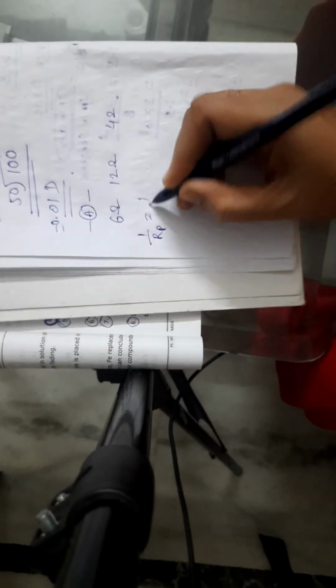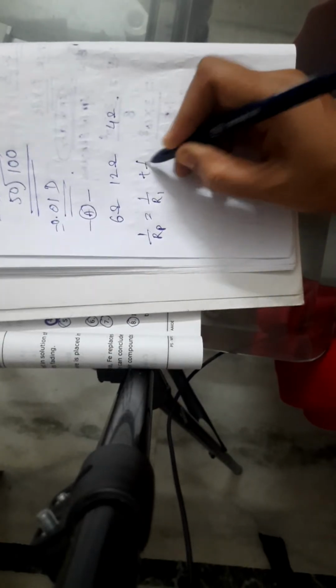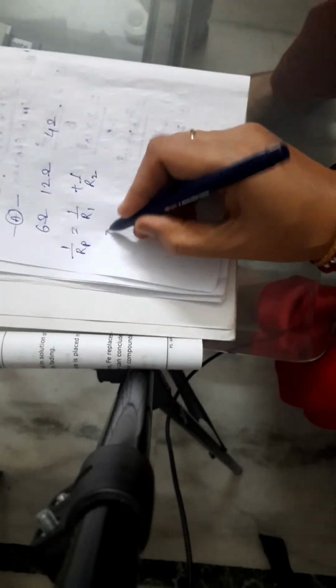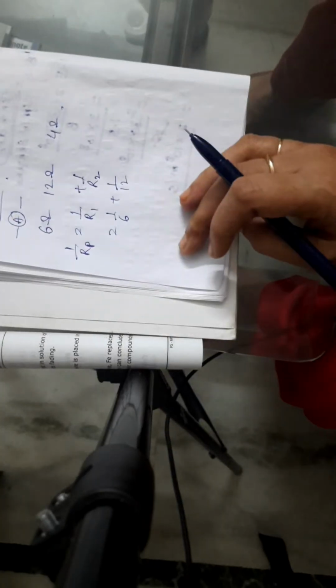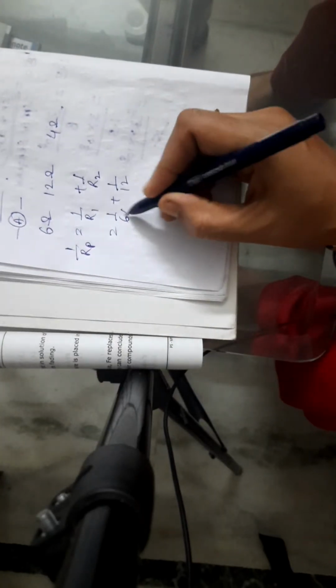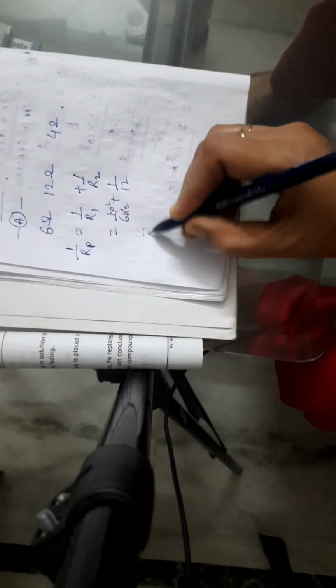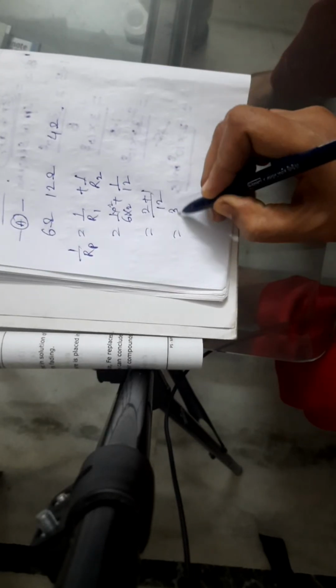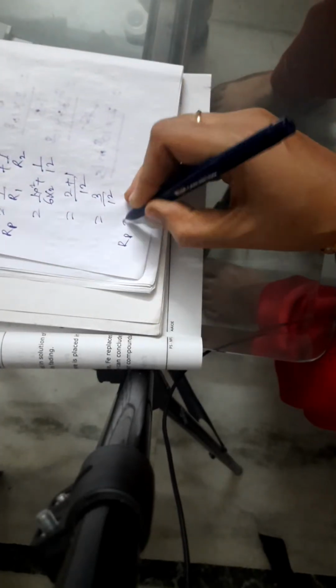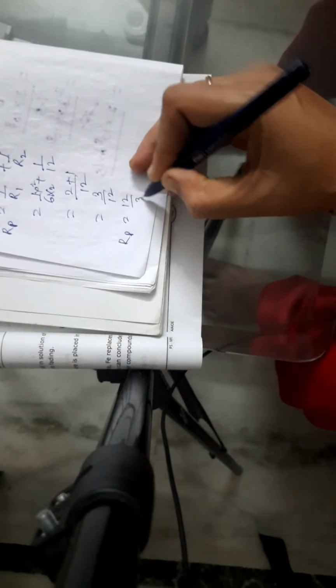1 by Rp is 1 by R1 plus 1 by R2. Here R1 is 6, R2 is 12. Now get LCM of this. So it's 2 plus 1 by 12. That is 3 by 12. Resistance in parallel, we need to make it reciprocal. So it's 12 by 3.